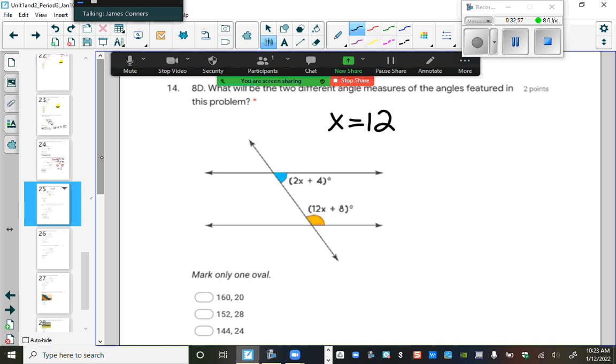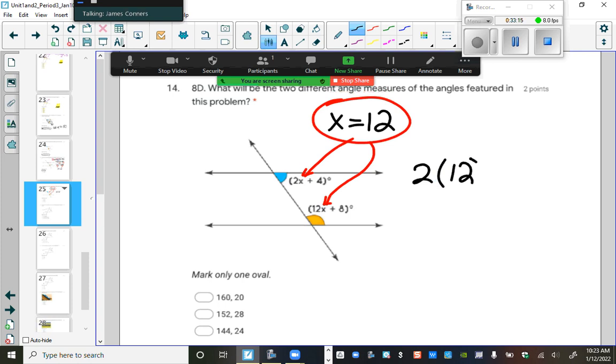X is 12. Okay, so plug in x equals 12 into both expressions.